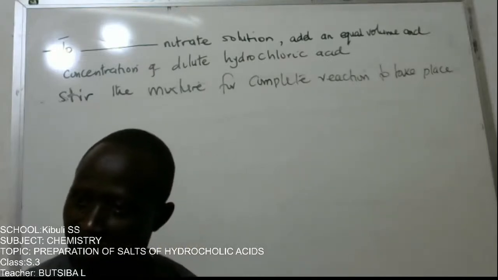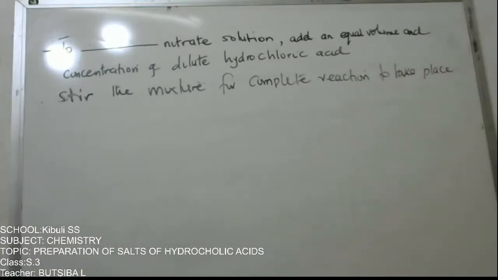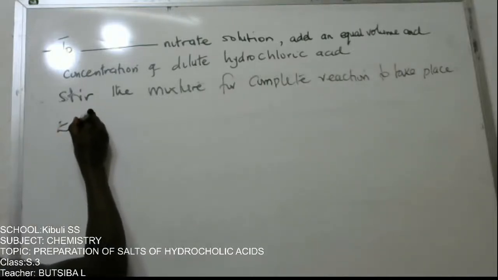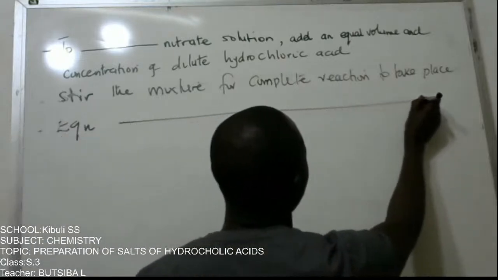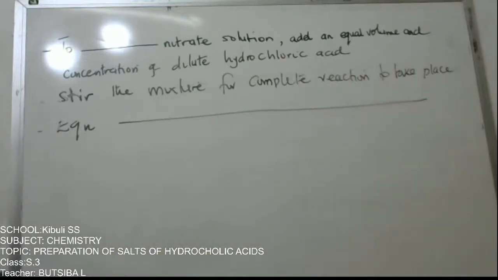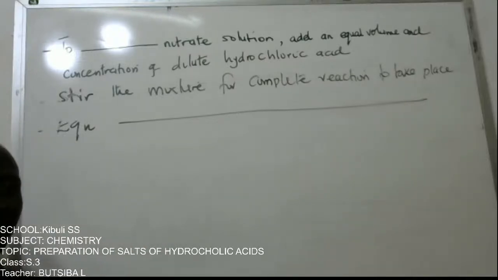What do you do? To mix very well. It's the same thing here. So as they're mixing, precipitate is forming. So there must be an equation that will follow step number 3. This equation can be ionic, the equation can be molecular. We shall see.